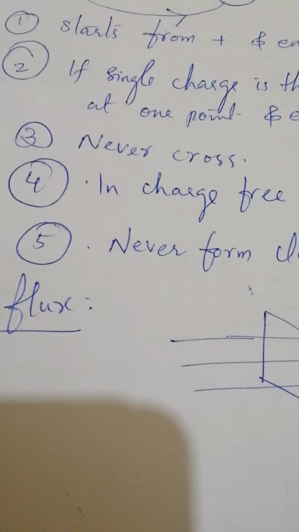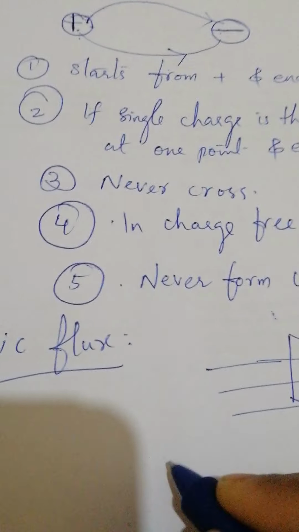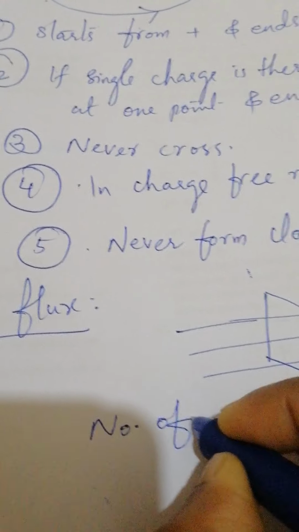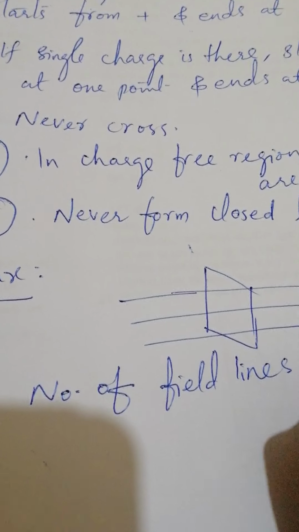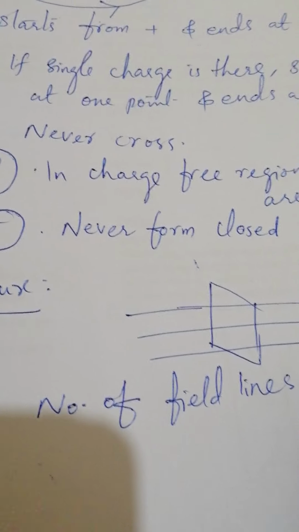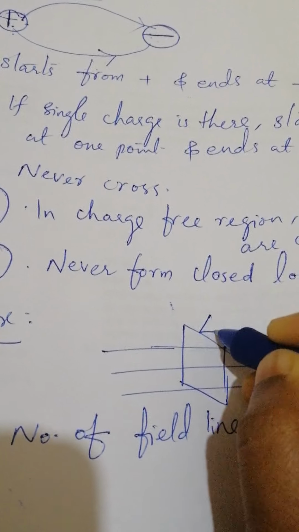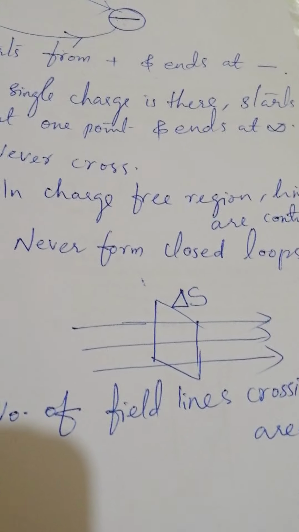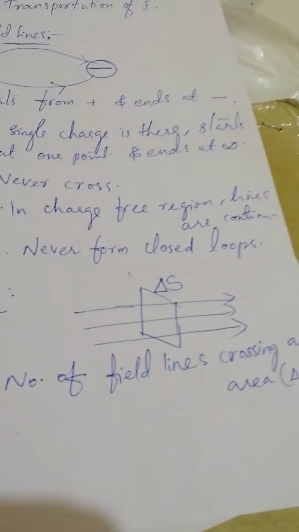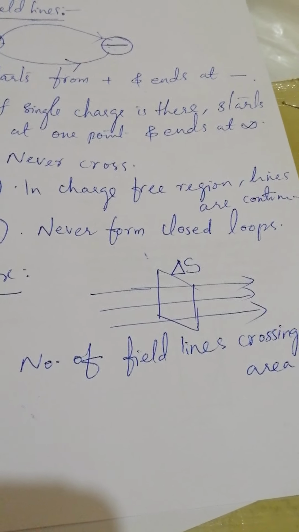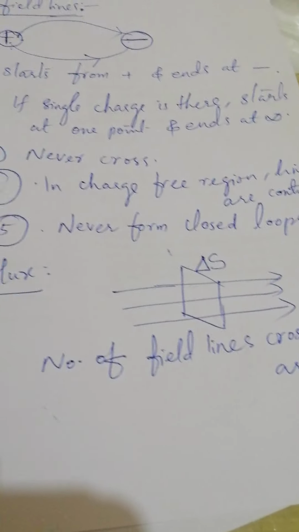This is called electric flux, that is, the number of electric field lines crossing an area. Here let us say delta S is the area. So electric flux means the number of field lines crossing an area.